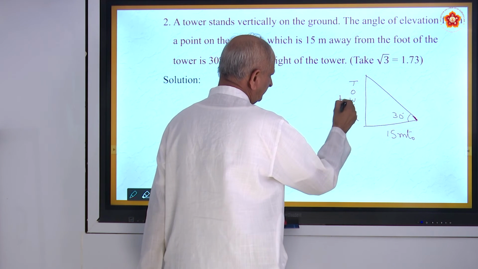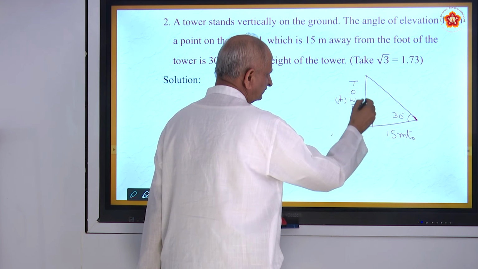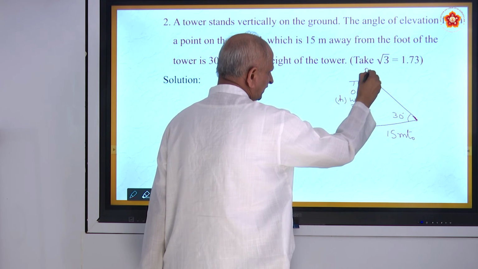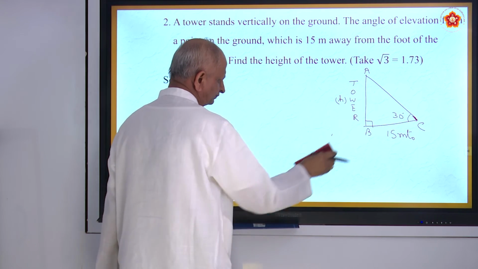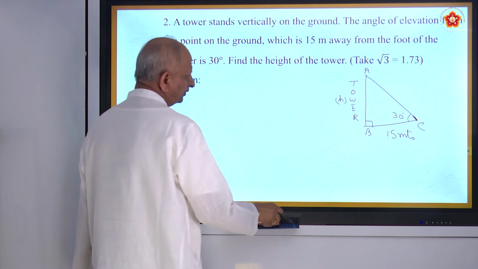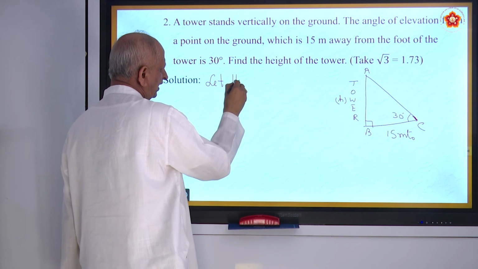And usually we represent it as H. This is a right angle triangle, and you can name it ABC.